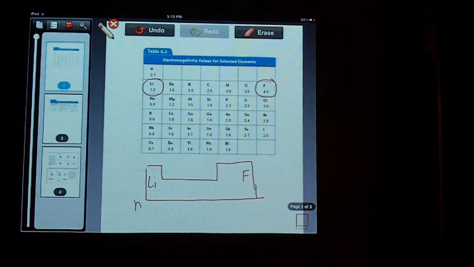So anytime we have a metal and a non-metal, it will form an ionic bond. That means lithium gives up electrons to the fluorine. So we've got a complete transfer. That's because the F attracts those electrons very strongly. The lithium doesn't attract them as well, so it's easier for it to give it up.